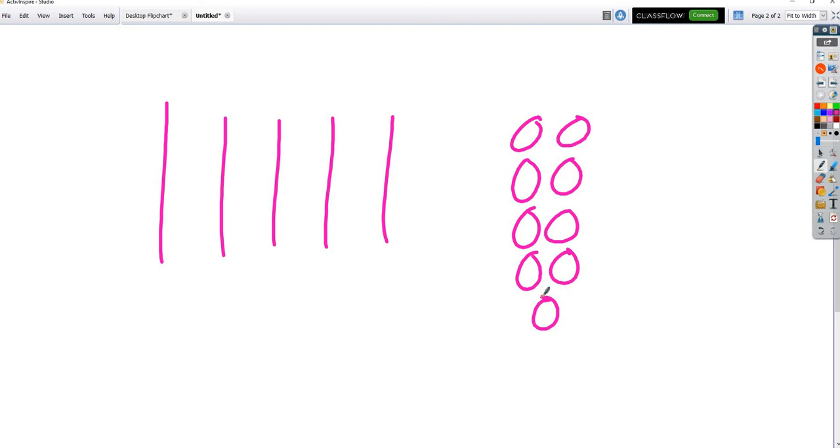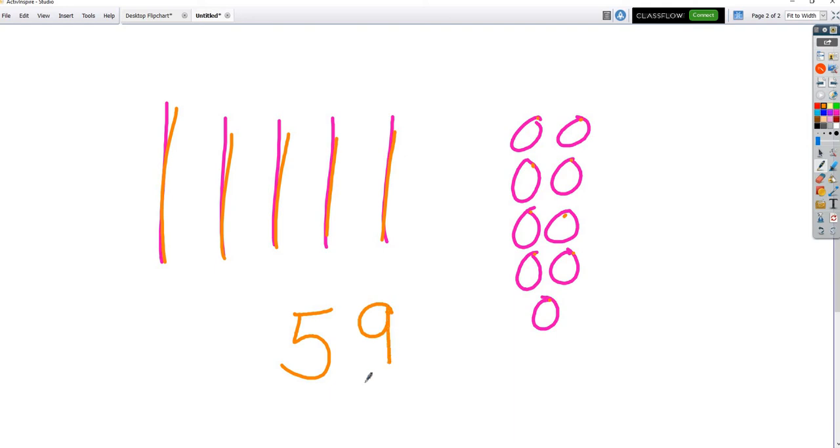Let's see if you're right. All right, so I have 1, 2, 3, 4, 5. I've got 5 tens. So I'm going to put the 5 in the 10 spot. And then I had 1, 2, 3, 4, 5, 6, 7, 8, 9 ones. So, where would the 9 ones go? Yes, the 9 ones would go over here in the 1 spot.